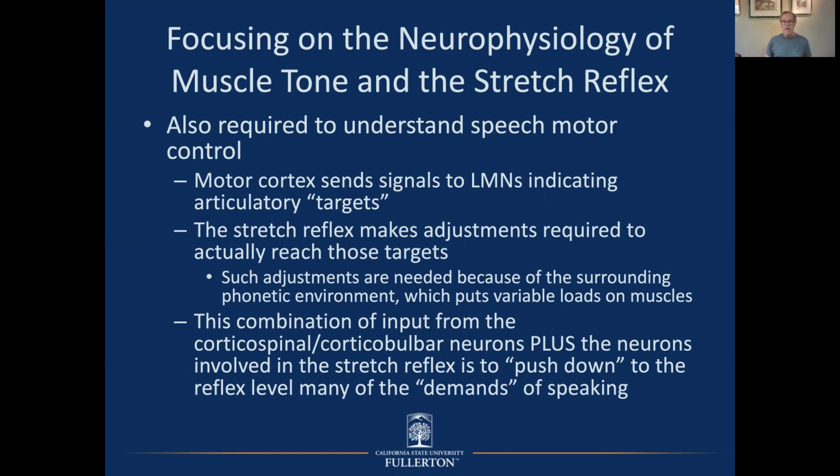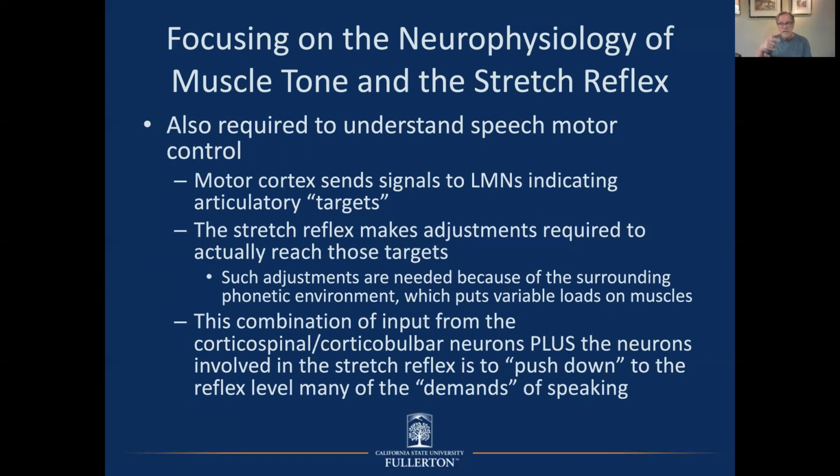This is all operating. So what's happening as you speak is your motor cortex is sending signals down to the lower motor neurons involved in the speaking act to indicate what the articulatory targets should be. If you think about something like a T sound, the articulatory target is for the tip of the tongue to reach the upper alveolar ridge.